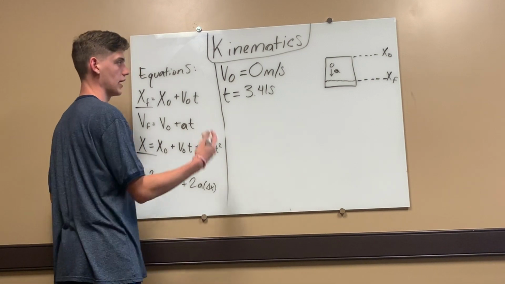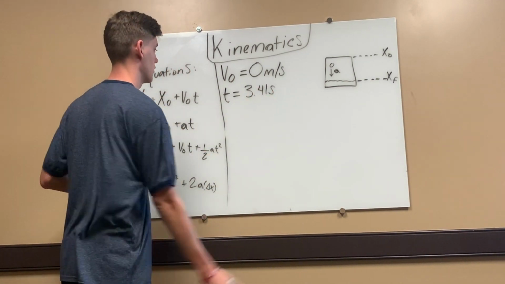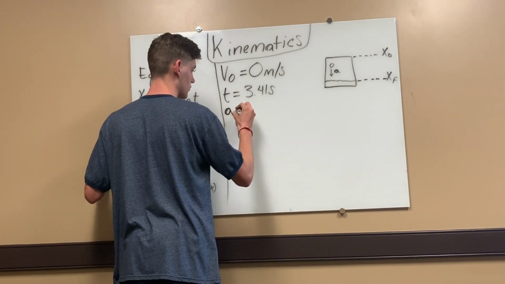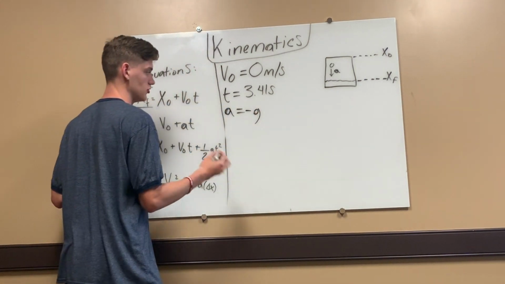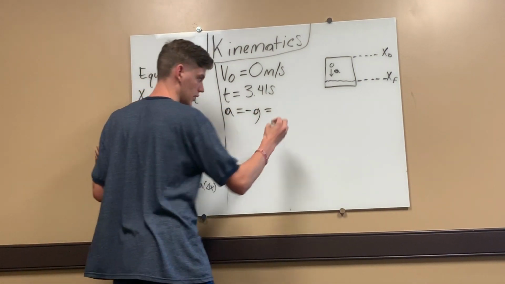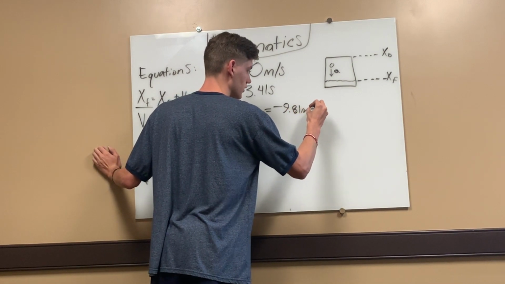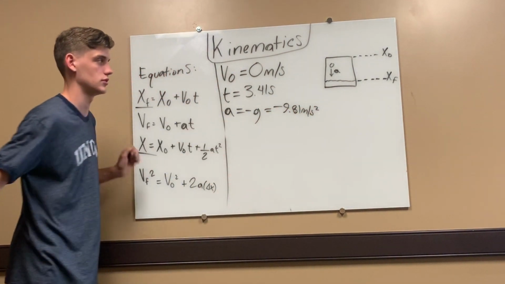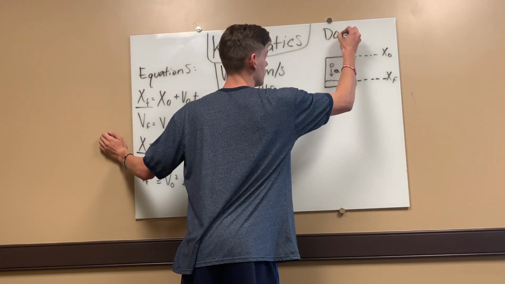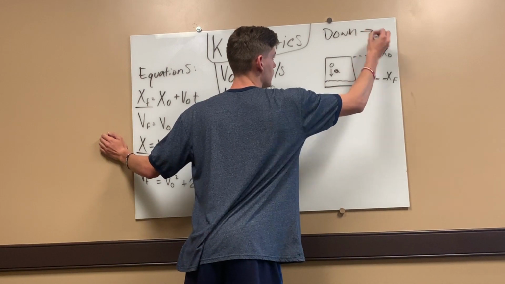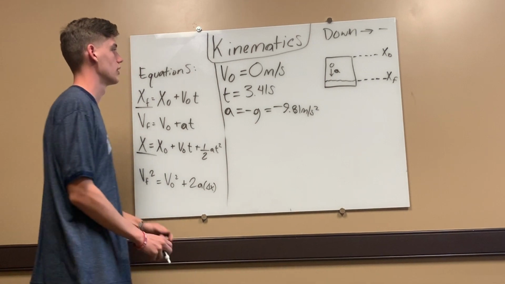Since the stone is in free fall and there are no other forces acting on it, the acceleration is simply the acceleration due to gravity, which is negative g, negative 9.81 meters per second squared. I'm using the negative to denote direction. Since it's going down, I'm going to call down negative.